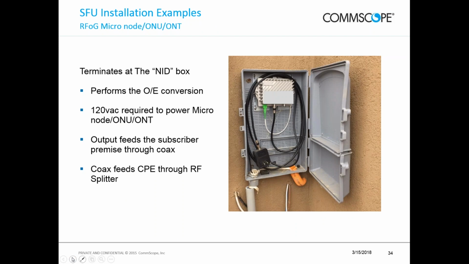Okay, so we've gone from the hub to the pedestal or the MST, and now we've got the drop cable coming in to the side of the house. So this is where we're going to mount a micronode, whatever it is. If it's an ONT or a micronode, don't really care. But this is the NID on the side of the house. We could also store our slack in this case.